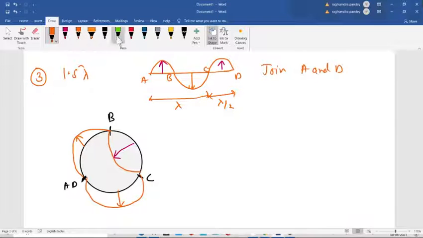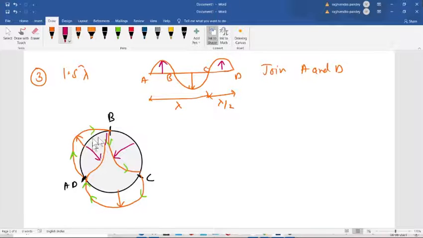Now you see how the wave is traveling. It is going from A to B and then it is traveling. Now you see it is going here, and at the point D it is taking this path. It is going down, and here it is making a crest, because finally when it comes to D, it is making a crest.